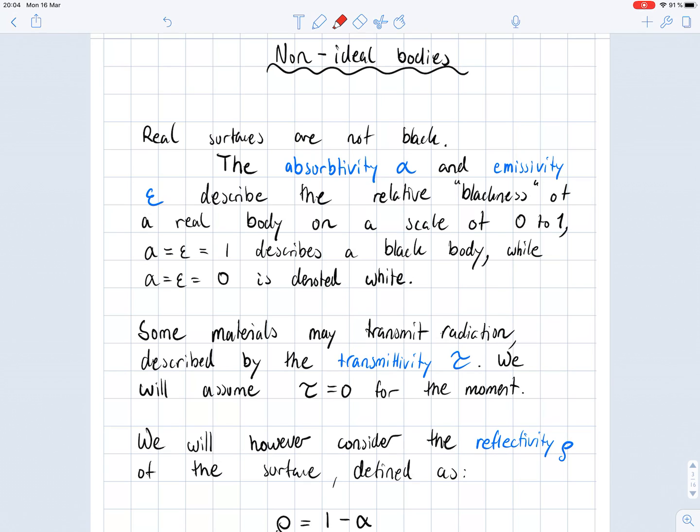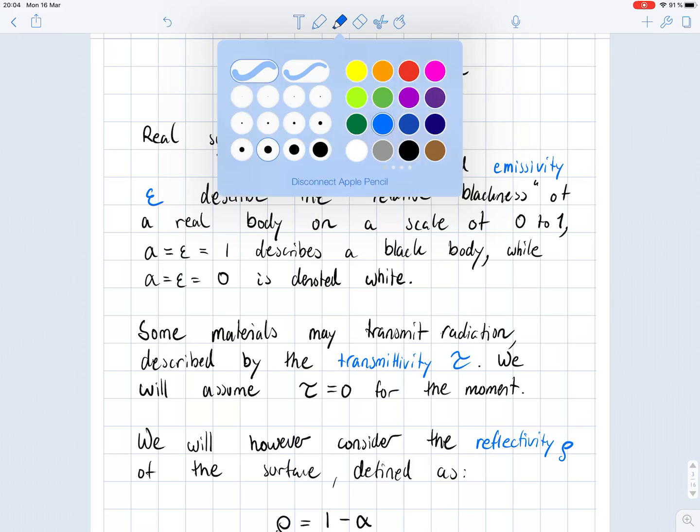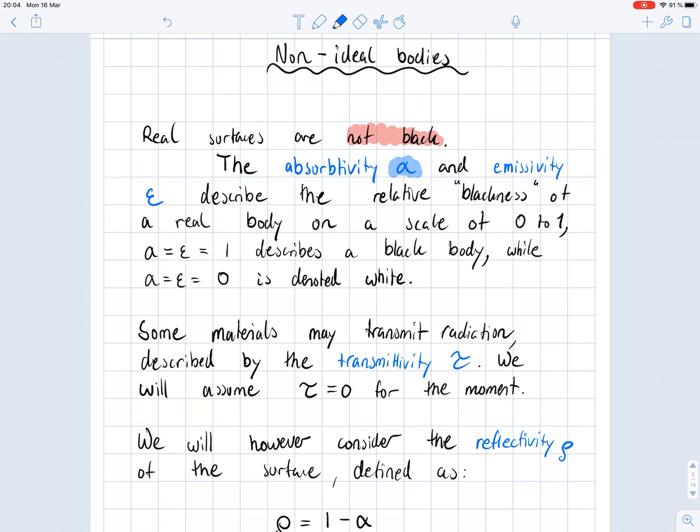Most important point is that real surfaces are not black. And the parameters that we've just discussed, the absorptivity alpha and the emissivity epsilon, describe the relative blackness of a real body. And it's a non-dimensional number that has a value between 0 and 1.